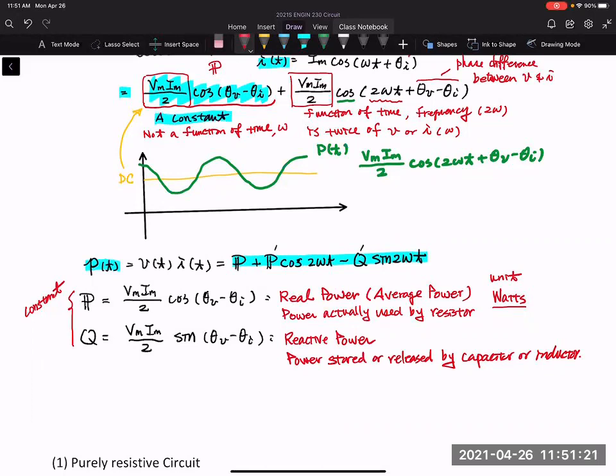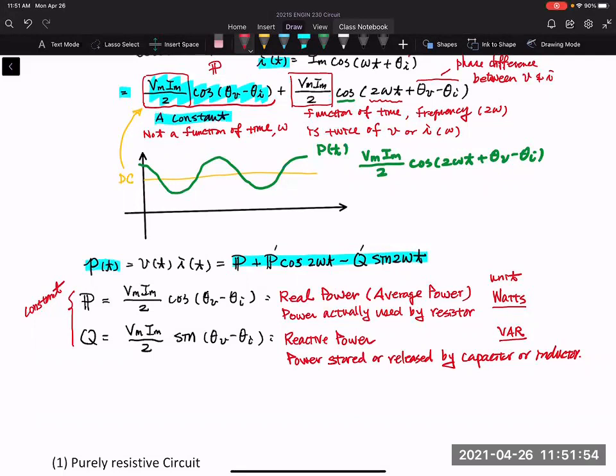Because they are different, we want to distinguish these two. So the unit in this one is also different. This unit is called VAR. So when we say var, that means this power is the reactive power. Okay, it's not like the real power that is actually consumed by the resistor.